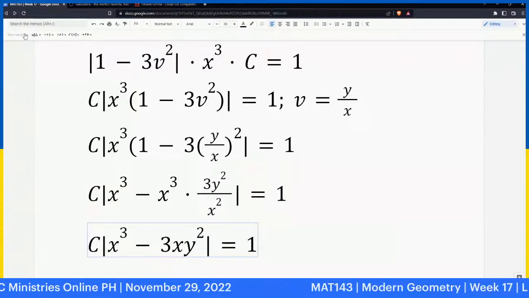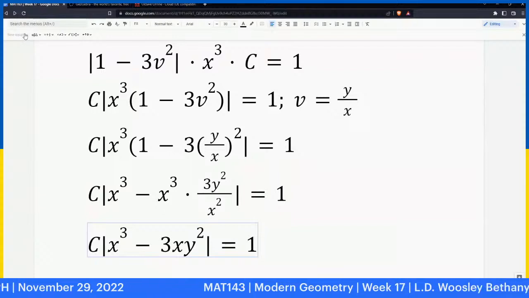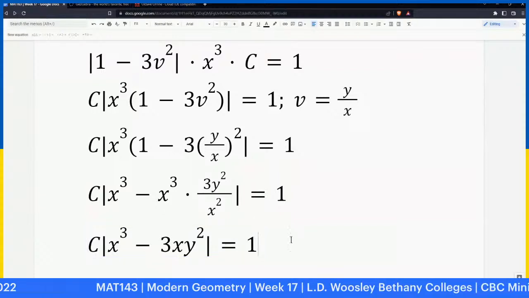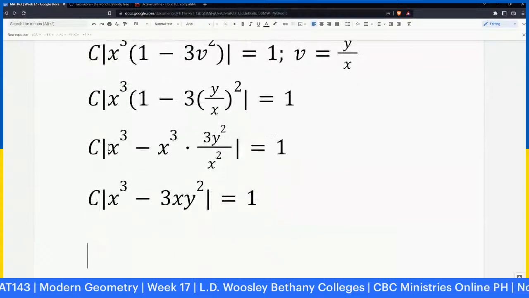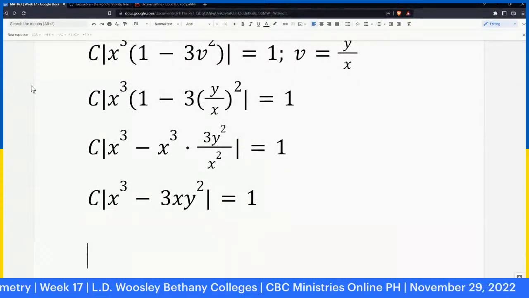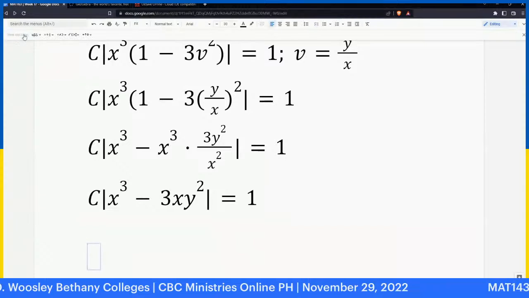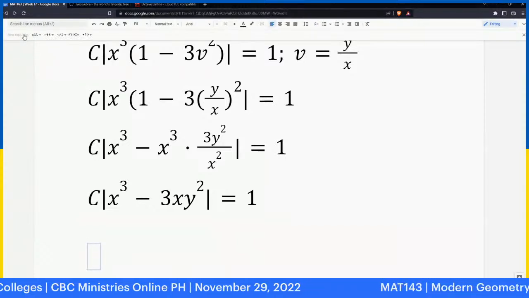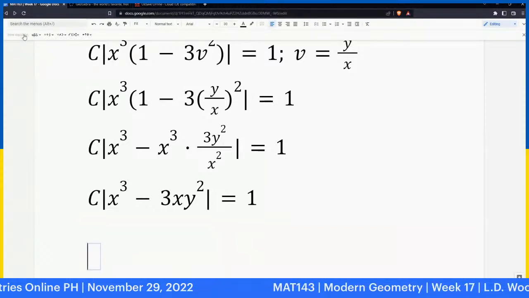So, homogeneous yan. Ito, pampa-bonus ko sa Michaela. You could derive this. Another variable separable.